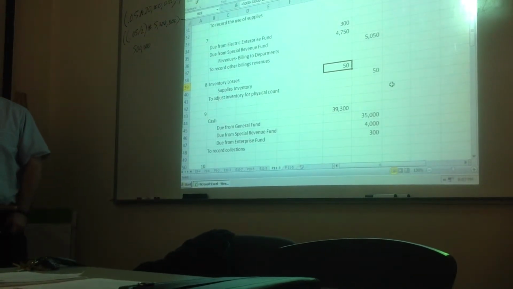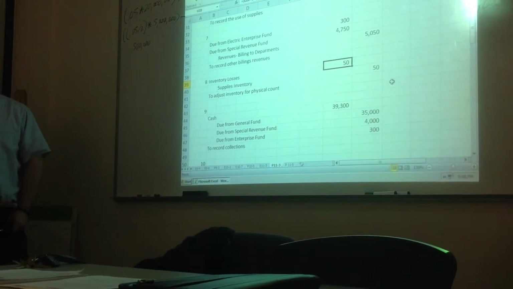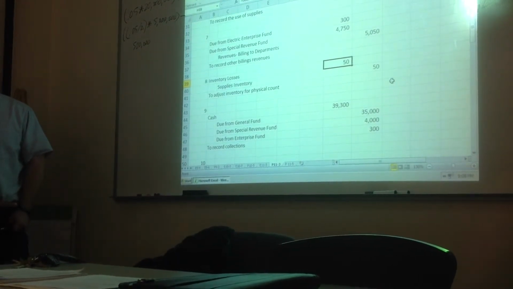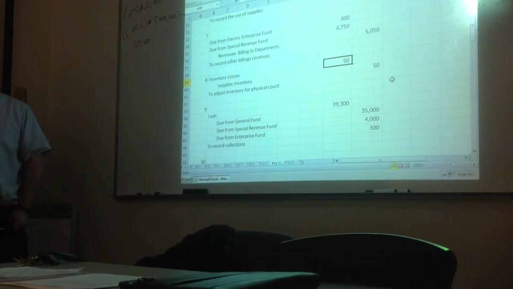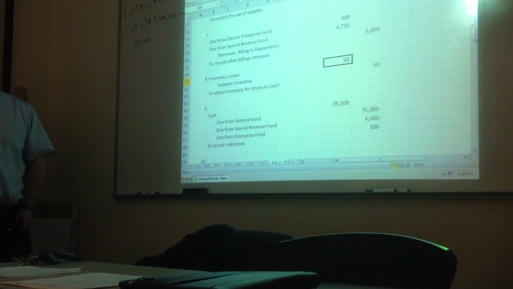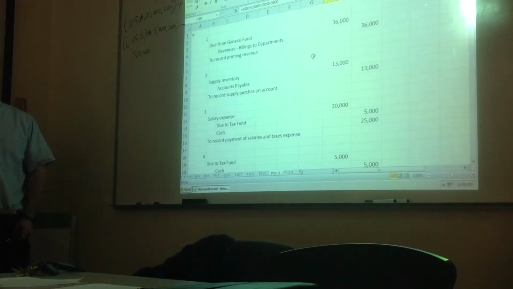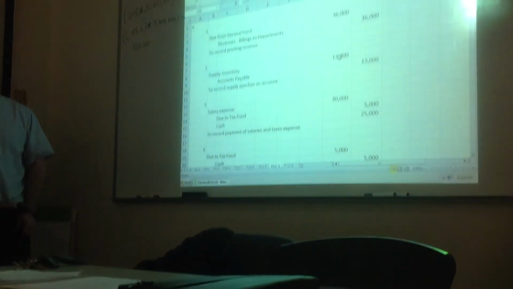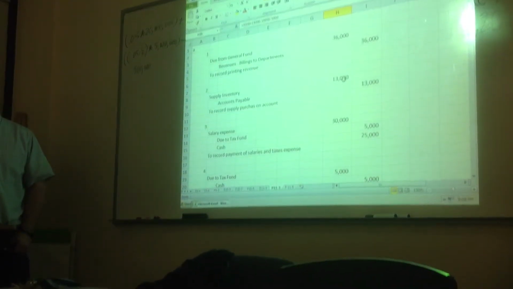You see that up in your book? Page 469. You're given a set of starting numbers for this problem. So you start with $3,000 worth of supply inventory. Then you add in number 2, $13,000 of supply inventory.